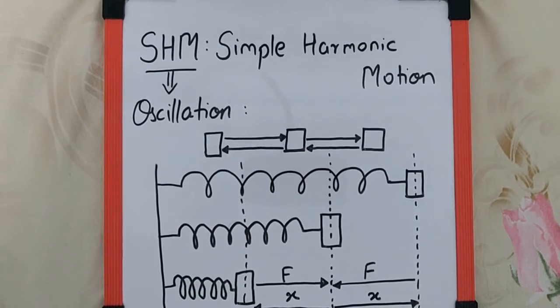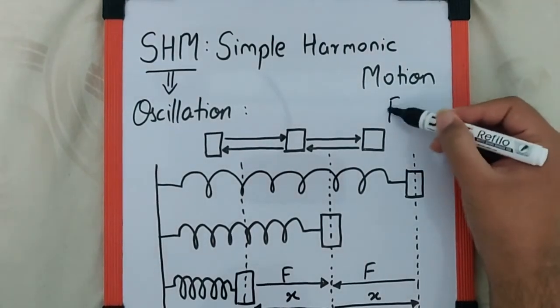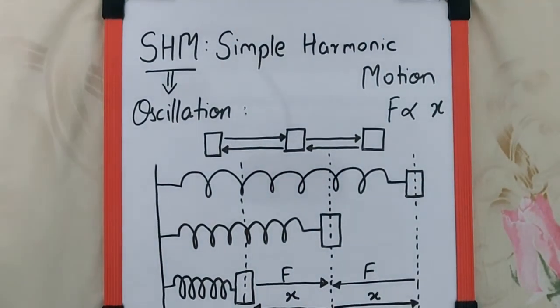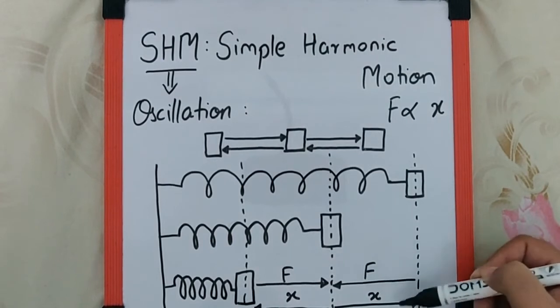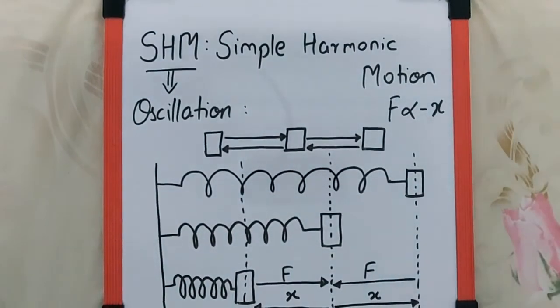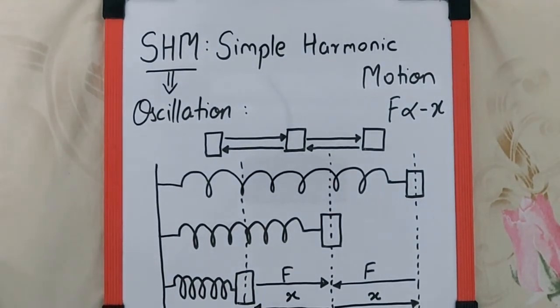Now to understand the mathematical part of it, we need to understand that force depends on the extension. So I can say force is directly proportional to the extension, but at the same time, extension, if you call it a displacement, is a vector quantity, and force itself is a vector quantity, and as you can see, they are opposite in direction, which means F is not just proportional to x, F is proportional to minus x.